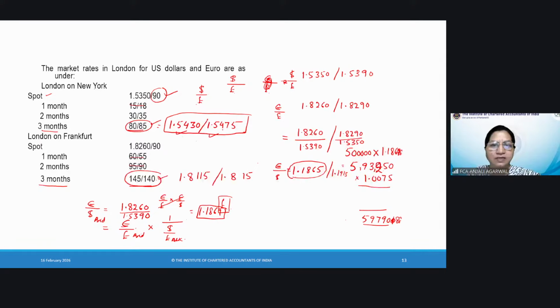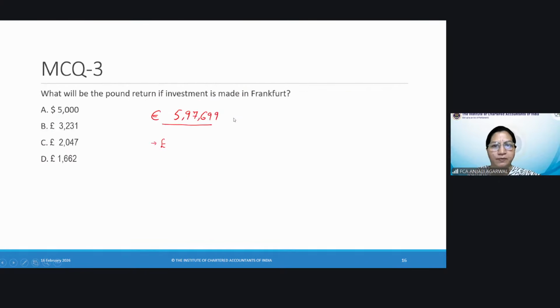So you will sell the euros, indirectly you'll buy the pound. And the ask rate for pound is 1.5475. So you will get 386,235 pounds.